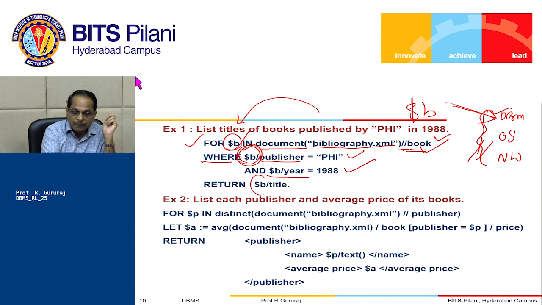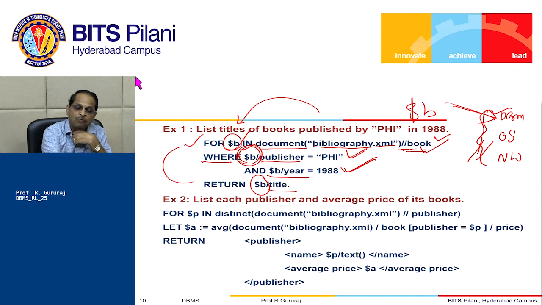So for such $b, I display the title. If I don't specify text, what does it mean? It returns even the tag names for the title element under the book. So for the first iteration, $b indicates the DBMS book. If these two conditions are satisfied, the DBMS book's title is displayed in the result.